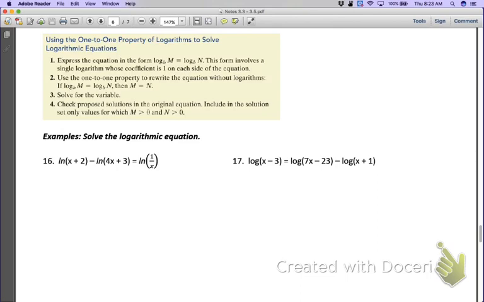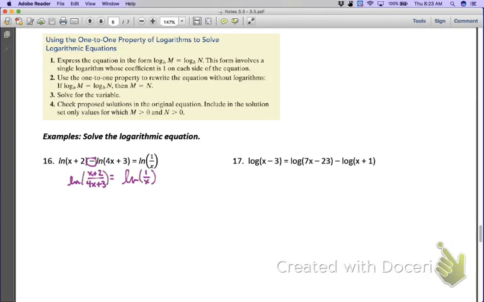But for the most part, like in this case, if I have the natural log of x plus 2 minus the natural log of 4x plus 3 is equal to the natural log of 1 over x. If it is a subtraction, remember, I'm just going to have the natural log of x plus 2 over 4x plus 3 equal to the natural log of 1 over x.